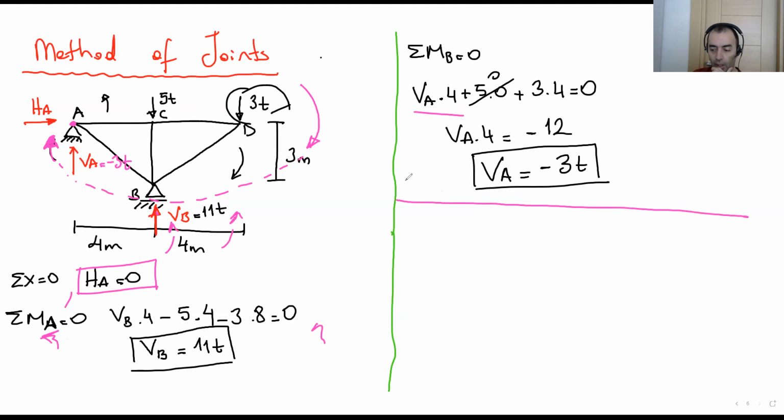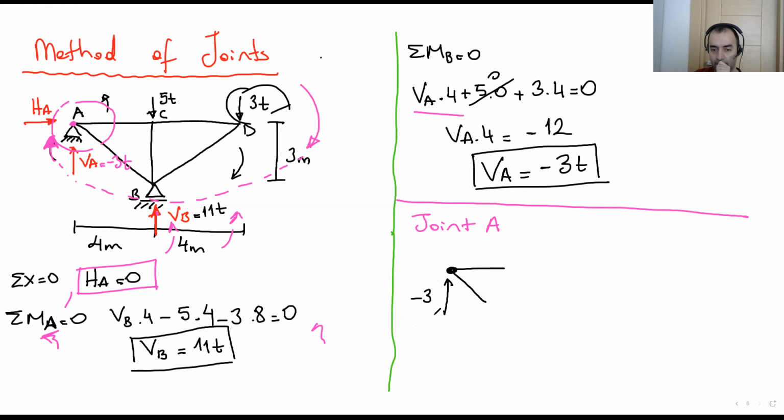Okay. Now let's take out the joint A. Joint A. Okay, joint A is here. If I draw it here, joint A. Here you go. And what we have, vertical A minus 3.